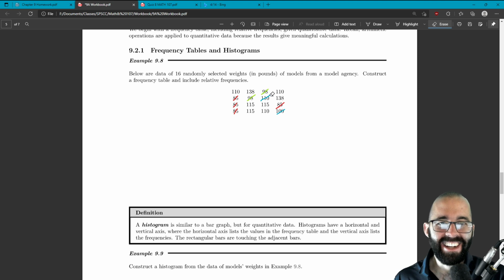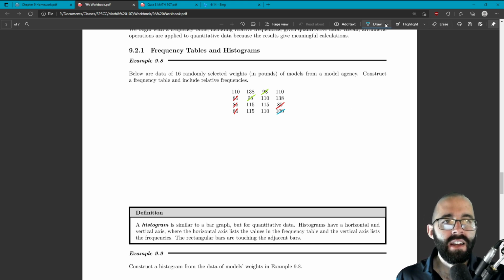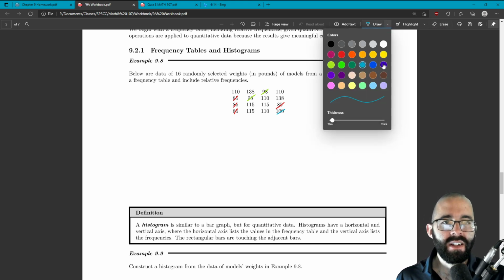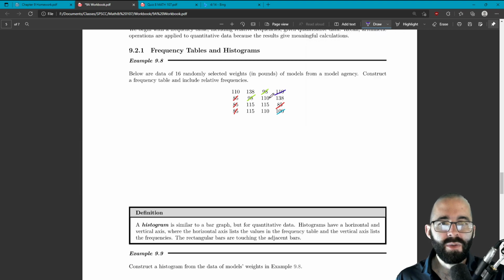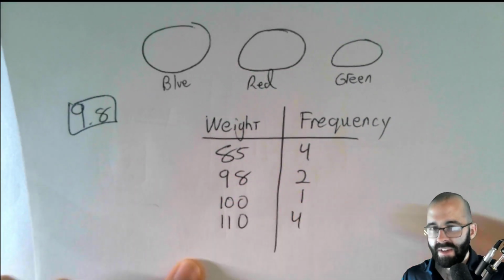That's not 100. There's only one 100, right? So write down 100 and say that there's only one. And then we're going to do the next one, 110. There's 1, 2, 3, 4 110s. So we go down here and say 110. There are 4 of them.